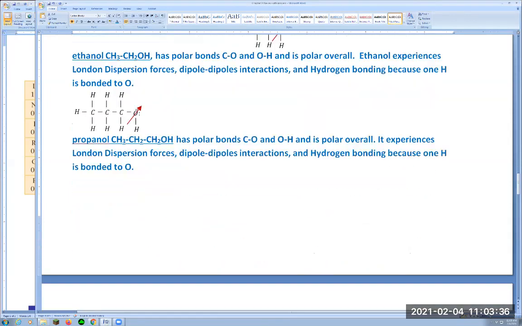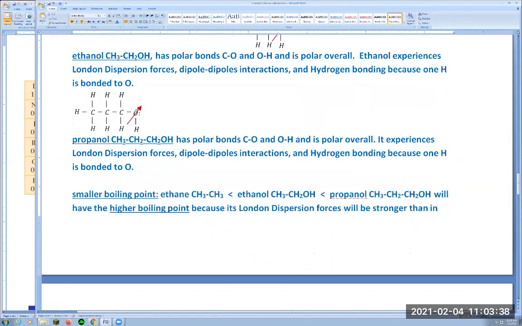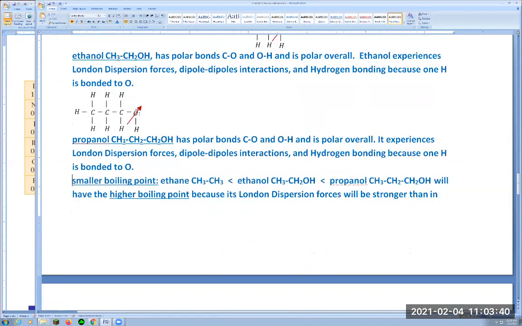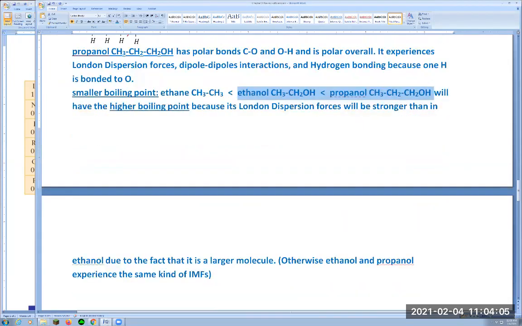So it comes down to this. The smallest boiling point will be for ethane because it has the weakest intermolecular attractive forces, having only the London dispersion forces. Then ethanol, and then propanol. And ethanol is expected to have a lower boiling point than propanol because its London dispersion forces are less strong than in propanol. So here, the full sentence.